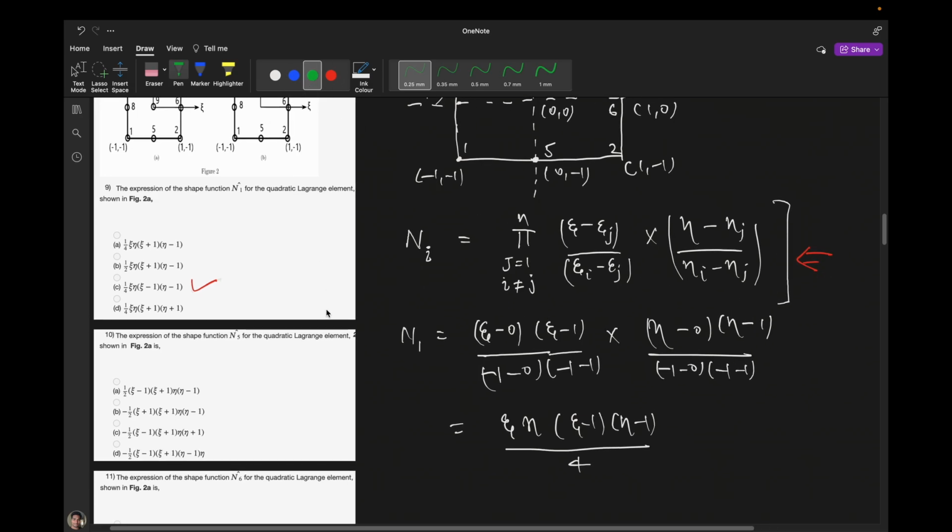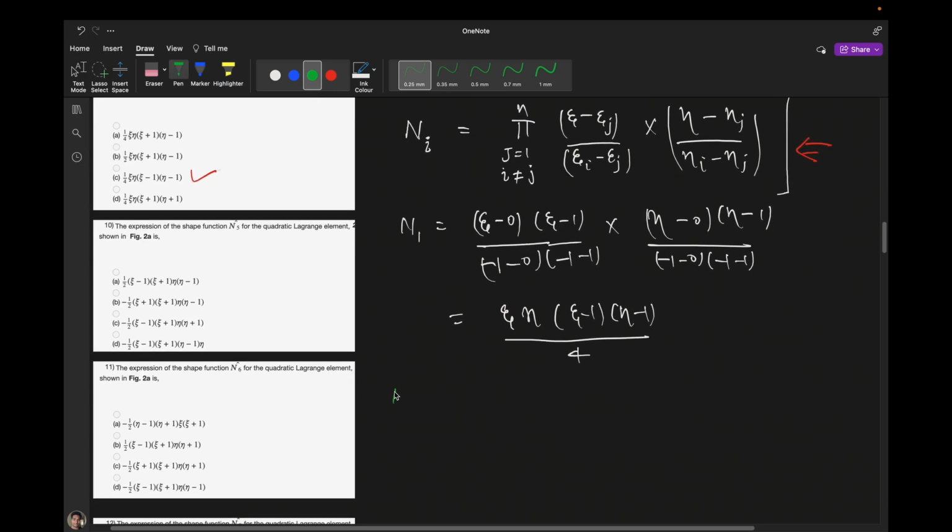Okay, so now it is asking what is n5. Similarly, we will use the same formula whatever we did for n1. So what will be the n5?